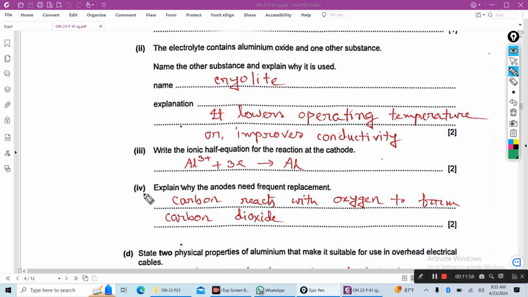Number 4, explain why the anodes need frequent replacement. Why should the anode be replaced from time to time? At the anode, oxide ions lose electrons and are oxidized to produce oxygen gas.